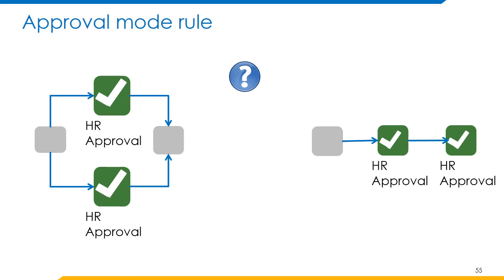The inputs to this rule are workflow, the current step, approval item, and form item if any is present. The return value expected shall be the mode under which the approval shall be processed.